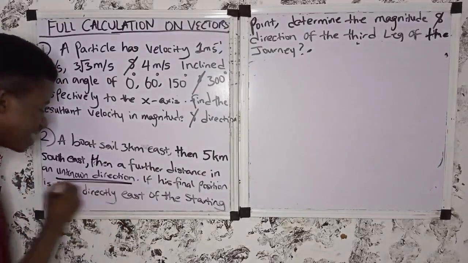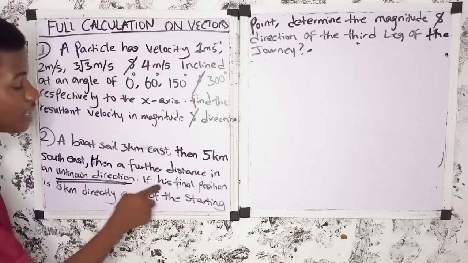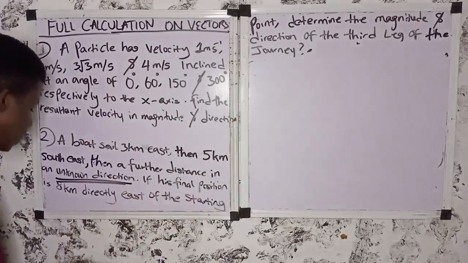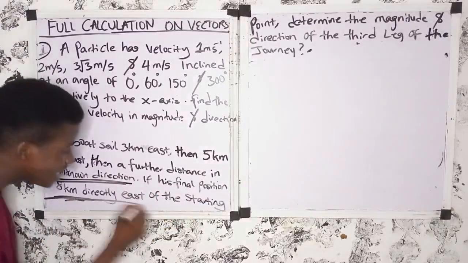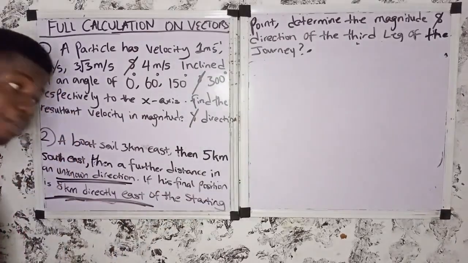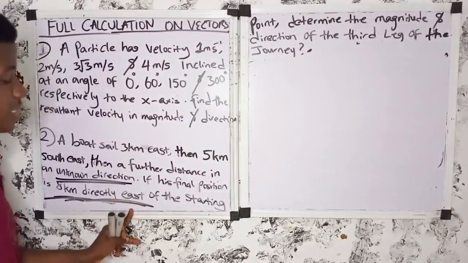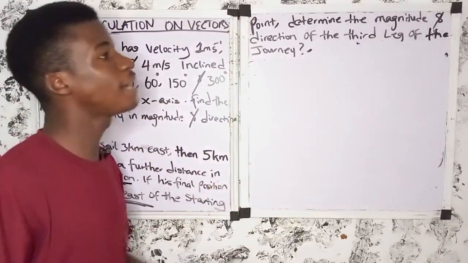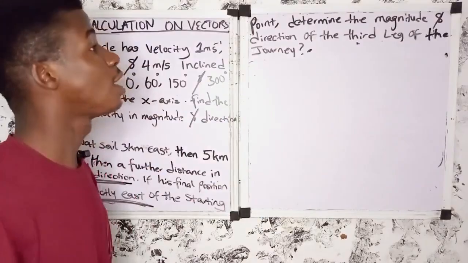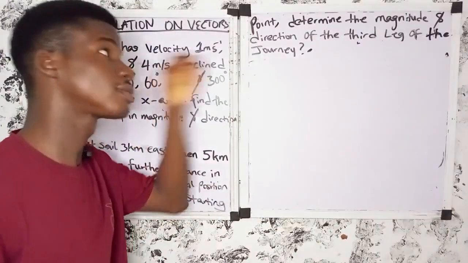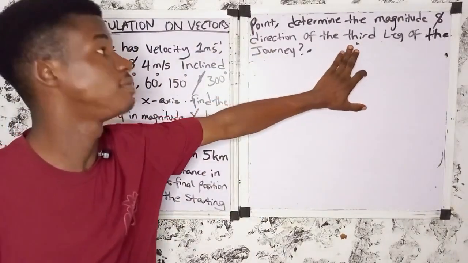This part is important. If its final position is 8 kilometers directly east of the starting point, determine the magnitude and direction of the third leg of the journey.